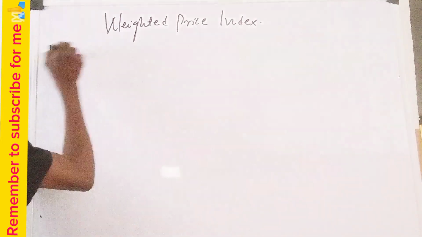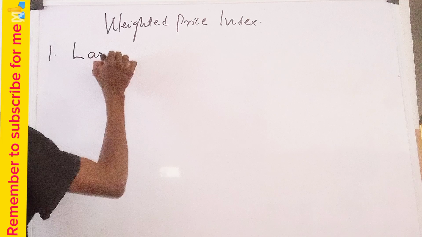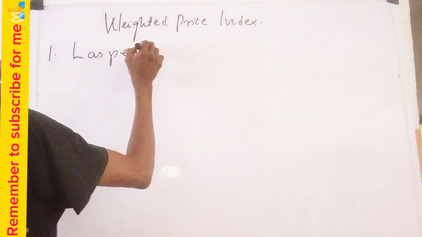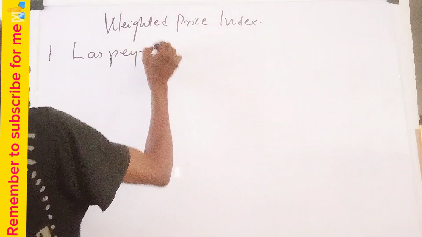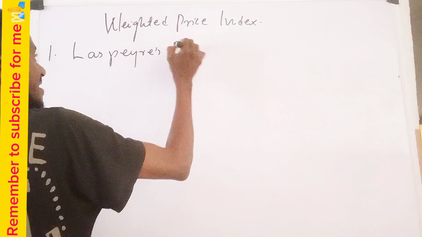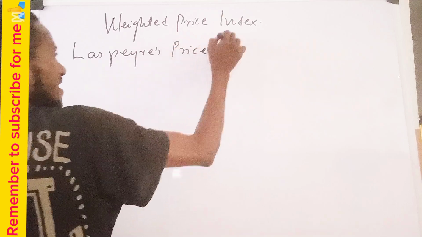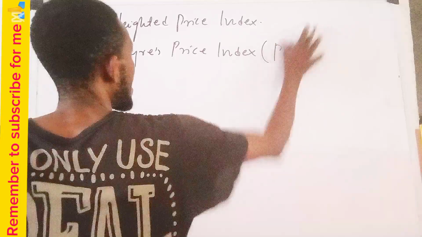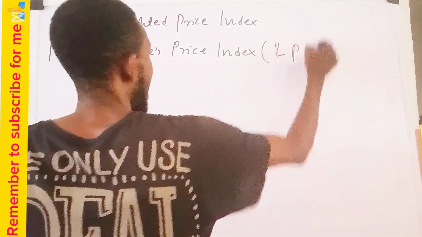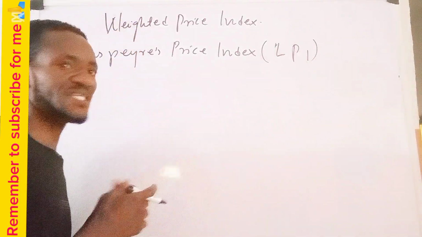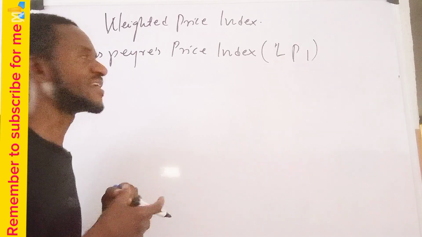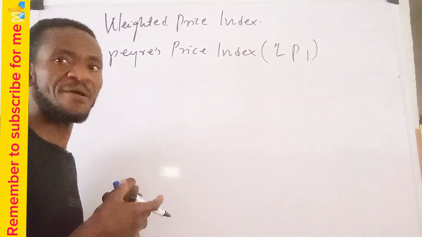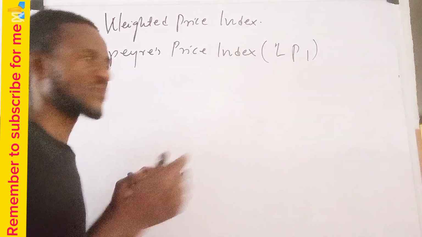So number one, we have what we call the Laspeyres price index. It is always written as LPI. This is how you usually see it in the textbook, LPI. It is referring to the Laspeyres price index number.